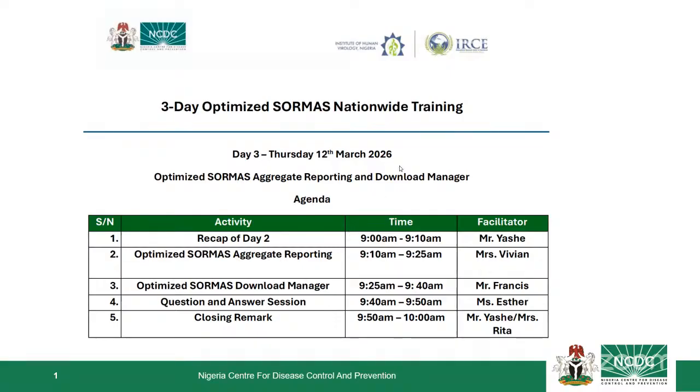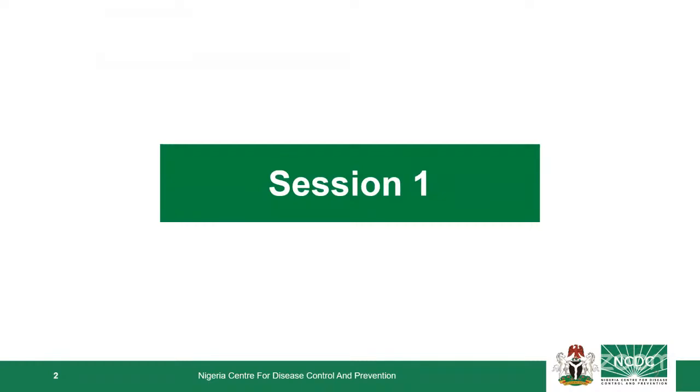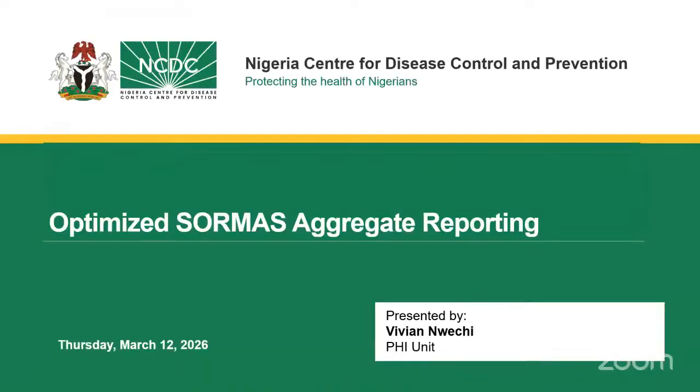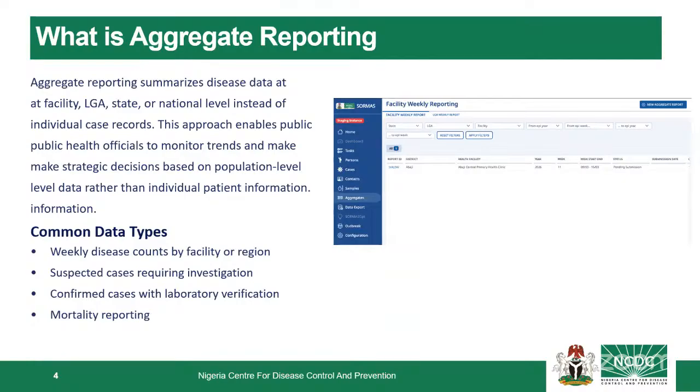Good morning, colleagues. We'll move quickly to the next item on the agenda, which is the optimized SORMAS aggregate reporting, which I will be presenting. For starters, as we're all aware, aggregate reporting is a summary of disease data collected mostly at the health facility.